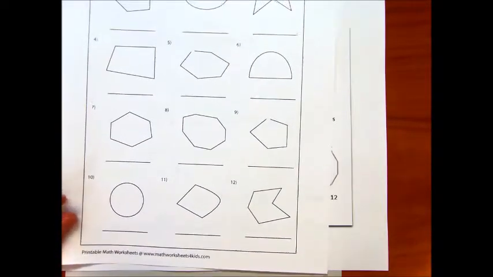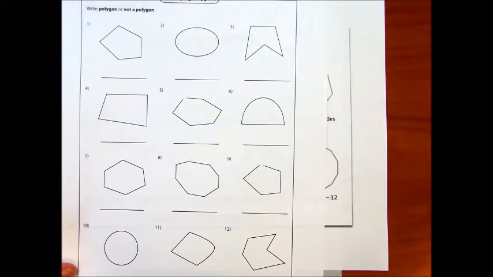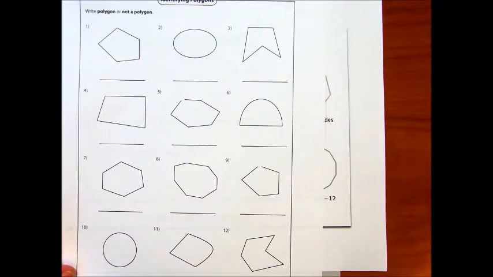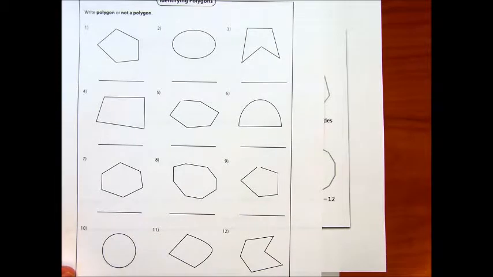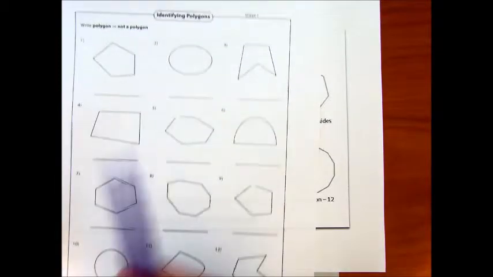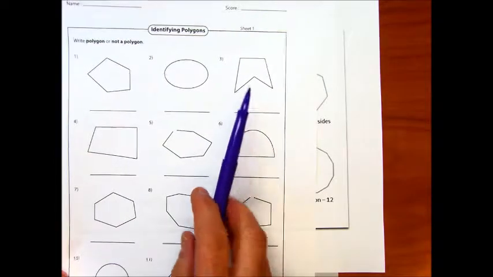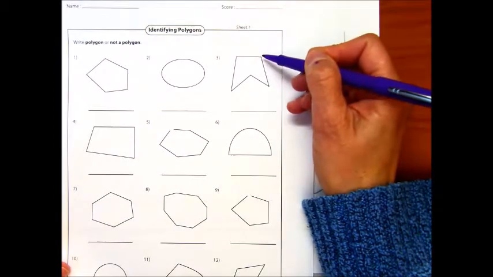Now, one other thing we want to take note of is that polygons can be both convex and concave. If you think of cave as going into a dwelling, like number 3, this would be a concave polygon because it kind of goes inward on itself like that.